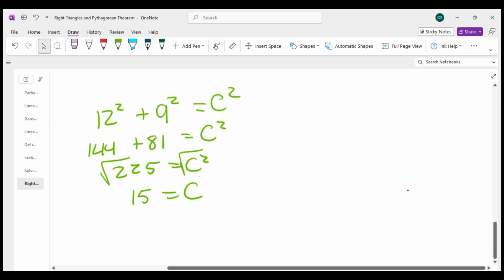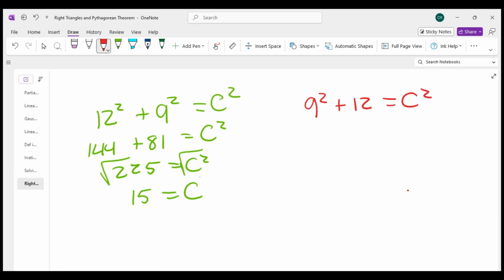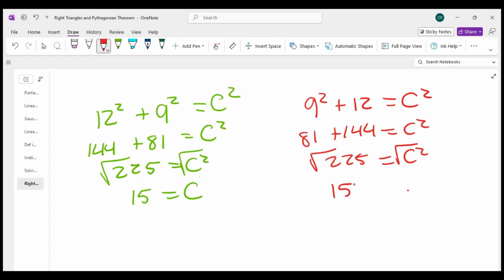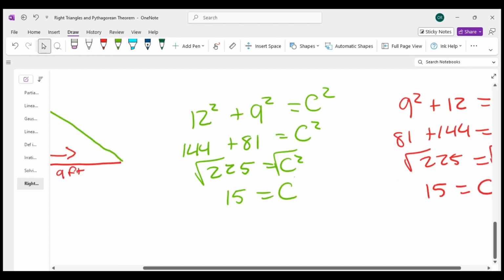Just to show you that you can do it either way, you could also have 9 squared plus 12 squared equals c squared. Again, since you're adding, it does not really matter because you'll just get 81 plus 144 equals c squared. You'll still get 225 equals c squared, and when you take the square root, you'll still get 15 equals c.